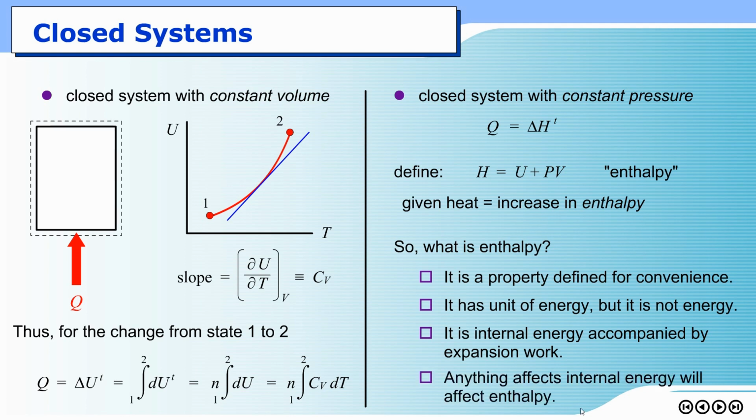That means if you look at the definition, H equals U plus PV, any factor affecting U would affect enthalpy for sure. So temperature, phase, and chemical bonding would definitely affect enthalpy, just in the same manner as they affect internal energy.